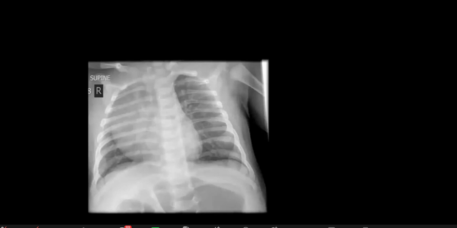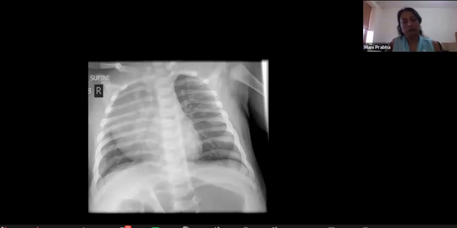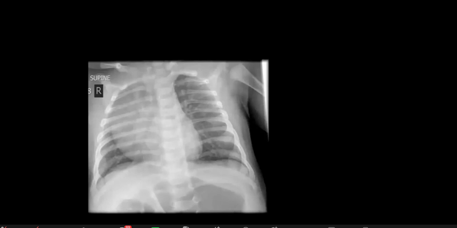This opacification is not very dense. The heart border is obscured, but I can still see a bit of the sharp margin of the heart, which is denser than this opacification. So there is some similarity maintained. In summary, this opacification is in the right upper and mid zone.